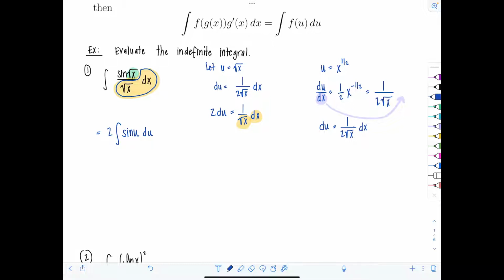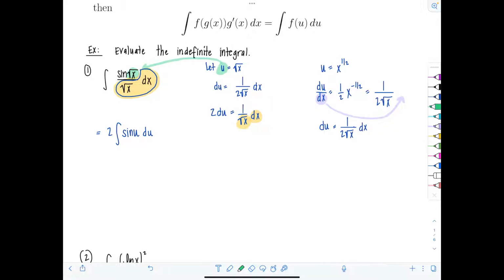Okay, it'll make your integration so much easier if you get in the habit of putting those constants on the outside of the integral sign. Okay, good. Take a second, look at it, make sure everything is holding up. u is rad x, so that's where that went. Okay. Good, so let's think.